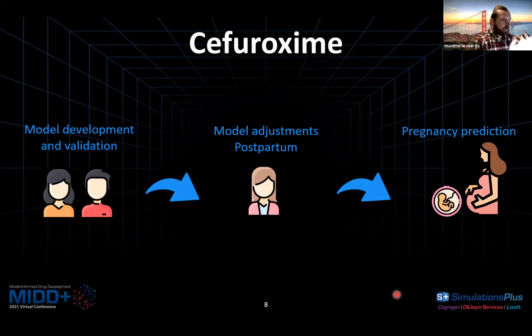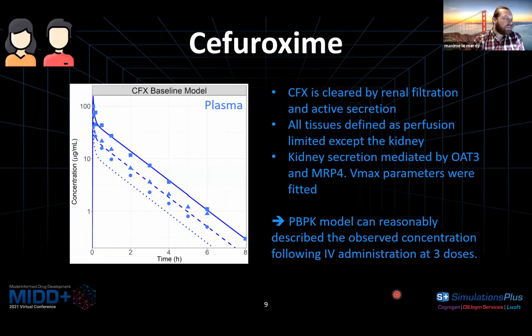Once potentially making those adjustments, we could then try to predict the maternal and fetal exposure in the pregnant populations. So that's what we did, and now I will show you the results. For the baseline PBPK model, we had plasma data in a men population receiving 3 different doses of cefuroxime as IV administrations, so 0.25, 0.5, and 1 gram.